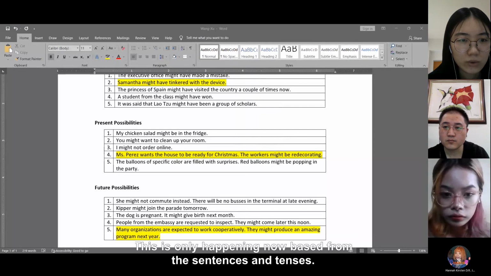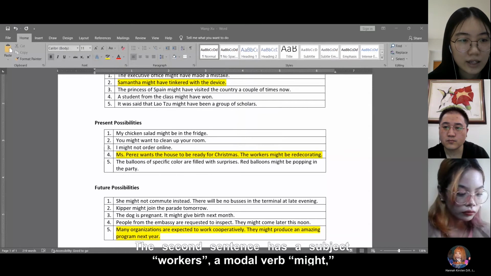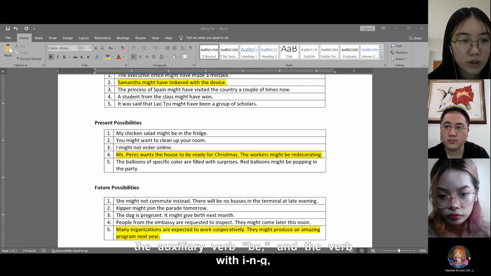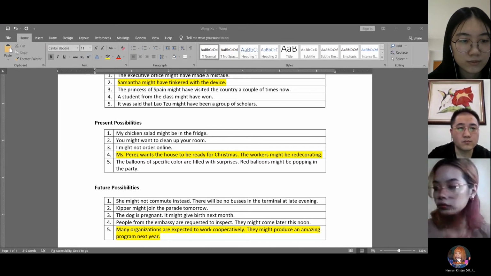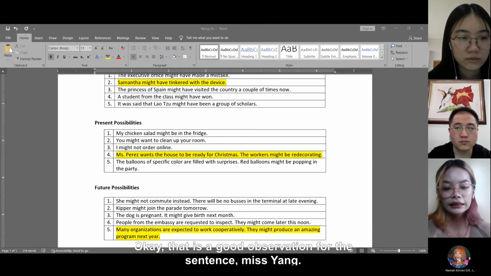This is only happening now, based on the sentence and tense. The second sentence has a subject workers and a modal verb might, the auxiliary verb be, and the verb with -ing. Okay, that is a good observation for the sentence, Miss Yang.